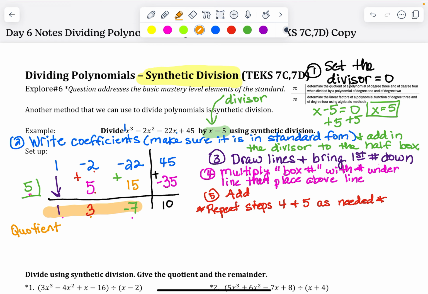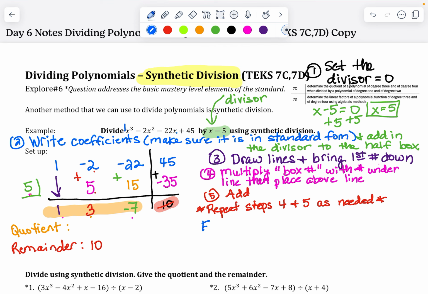So my quotient is that right there, and then we have our remainder right here. Now, the remainder is easy to write, okay? It's just 10. But to write the quotient is our final step, okay?